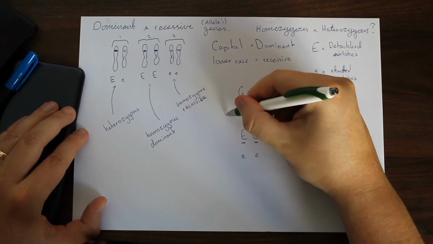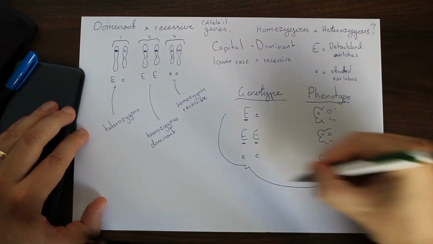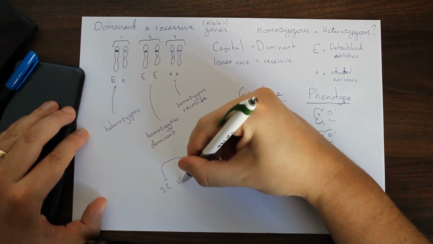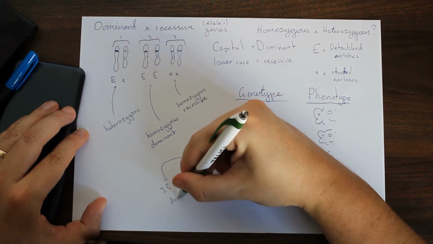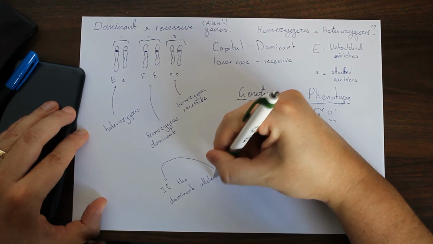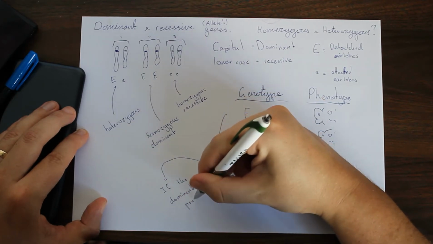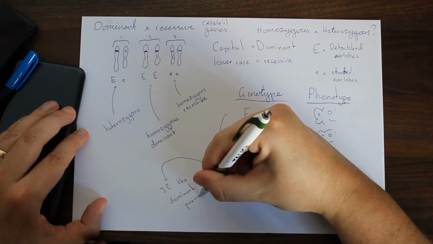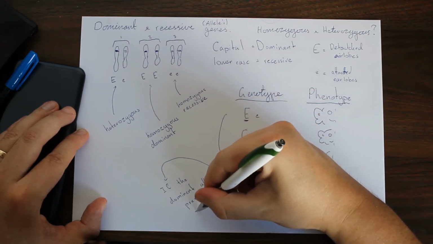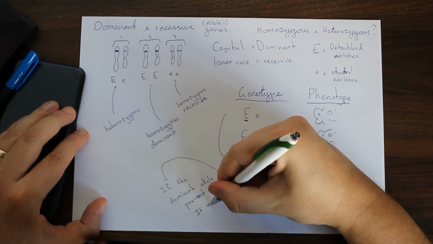We can take away that if the dominant gene, or allele, is present, it will be expressed.